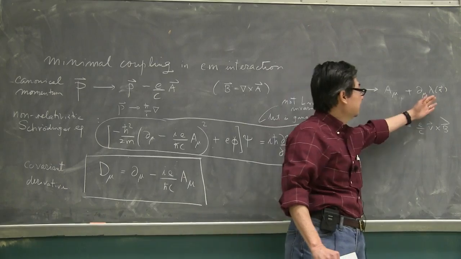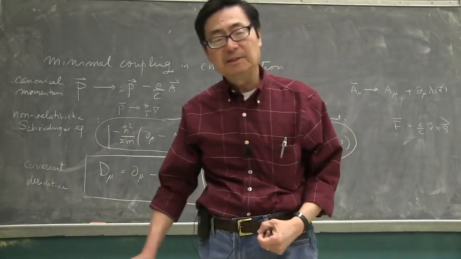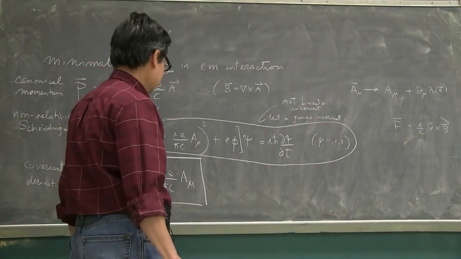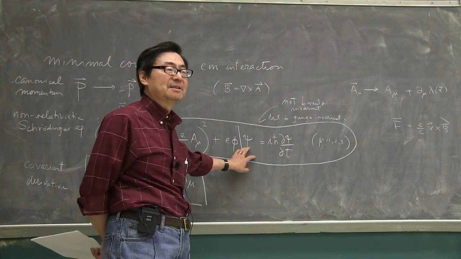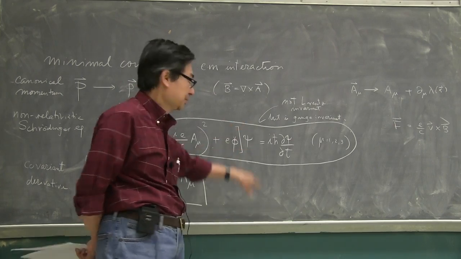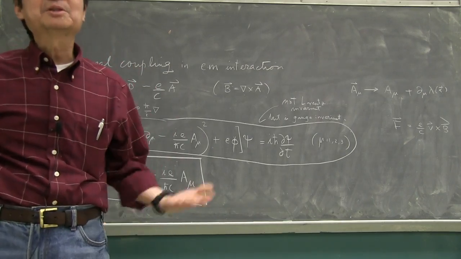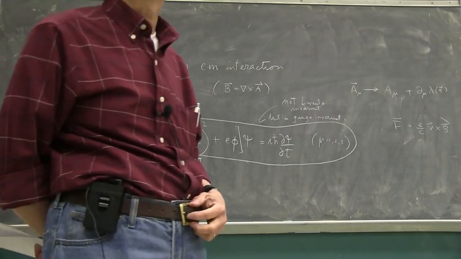But since different gauges of A lead to the same B field, a classical electron couldn't care less what different gauges you're using. But quantum mechanically, it seems that it does, because a wave function that is a solution for a particular gauge suddenly would no longer be a good solution for the new gauge. So what's going on? That's the first problem that comes to mind.